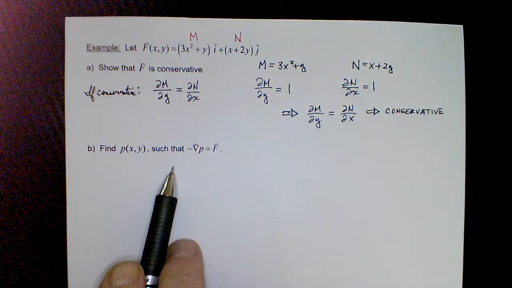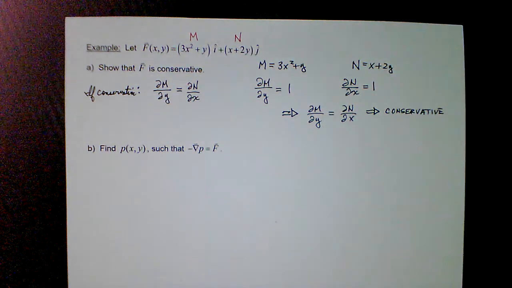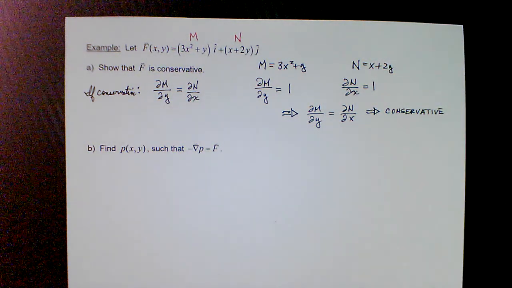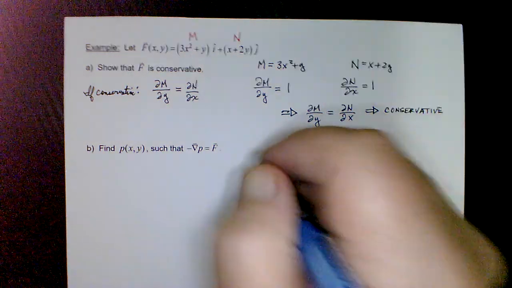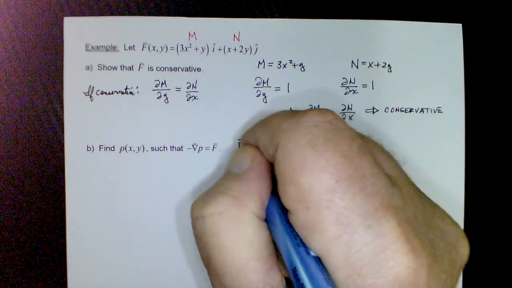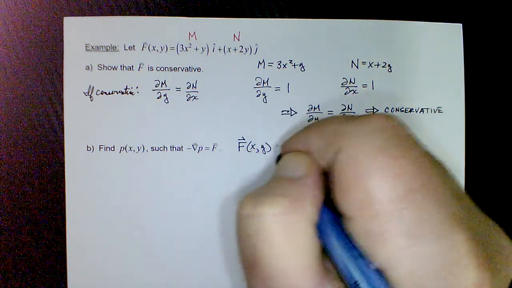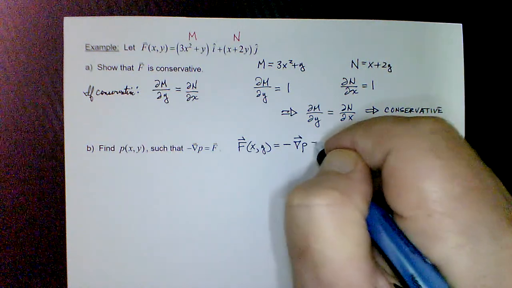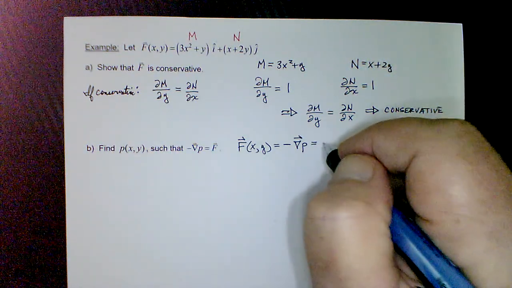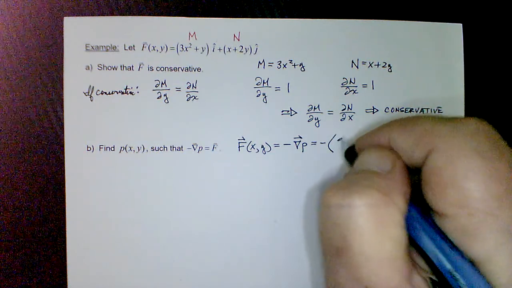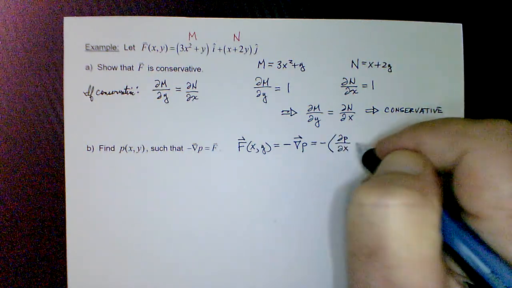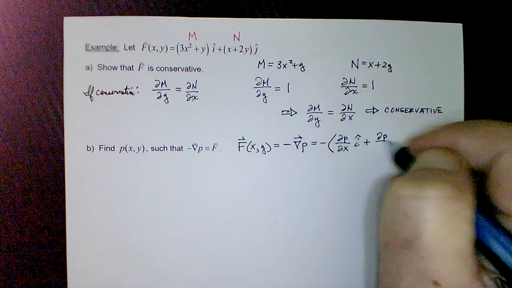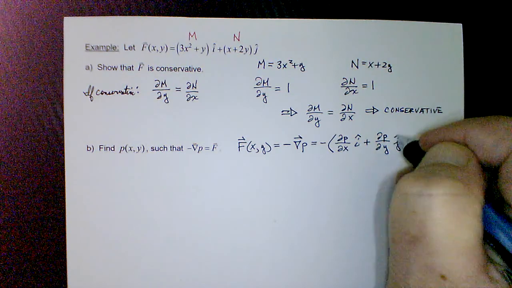Okay, now we want to find that potential function. Now remember that with the potential function, we have the statement that the vector field f of xy is negative del of p, the potential function, which is really negative the partial of p with respect to x i, as we had shown in the last lesson, plus partial of p with respect to y j.